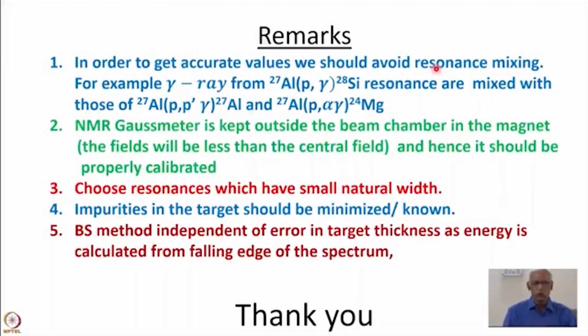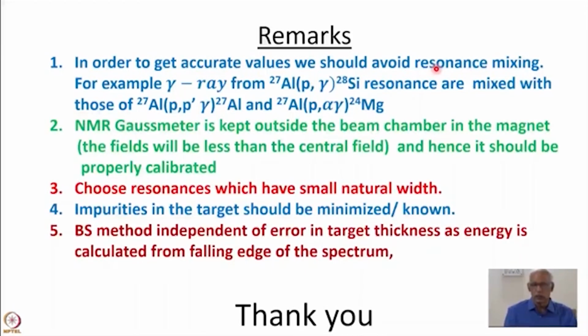We have used the backscattering method, and there is an advantage, and it gives better results, because this is independent of errors in the target thickness. Because at the backward angle we are measuring the backward angle counts, backward angle particles, and it is not seeing the target thickness.